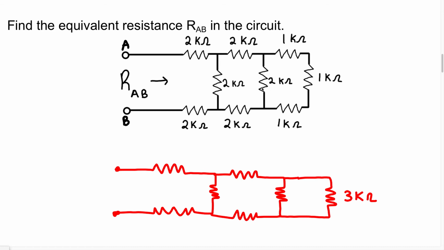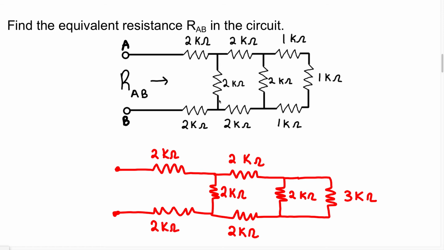Now we're going to have a 2 kilo ohm resistor, which is going to be this one. We have another 2 kilo ohm. We have 2 kilo ohm at the bottom. This resistor is going to be 2 kilo ohm. This one is 2 kilo ohm, and this one is also 2 kilo ohm.